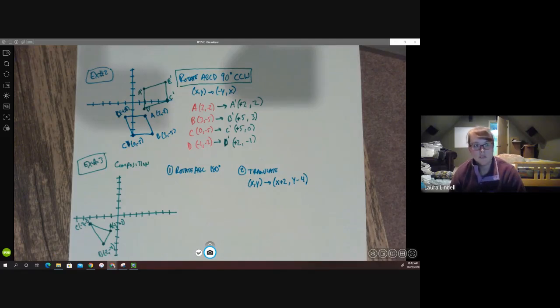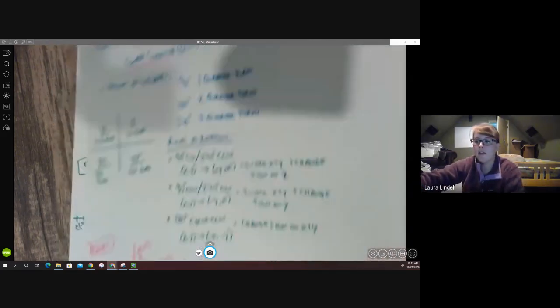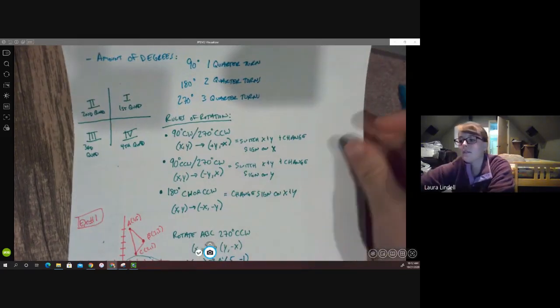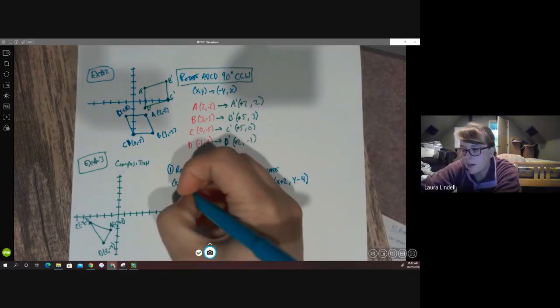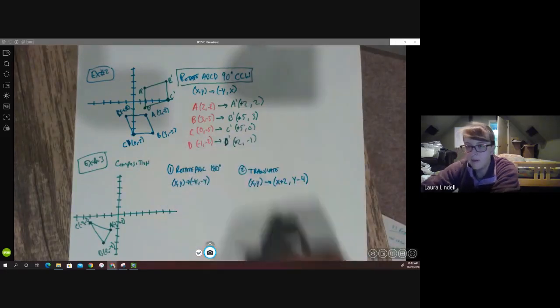So, rotating 180 degrees, we bring out our notes and we go, okay, that tells me that I need to just change the sign on X and Y. Great. So that means we're going to go from X, Y to negative X, negative Y.